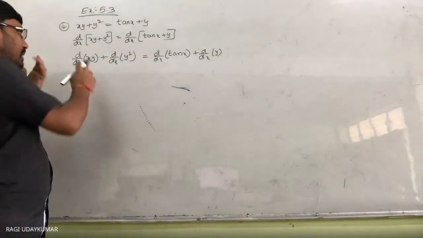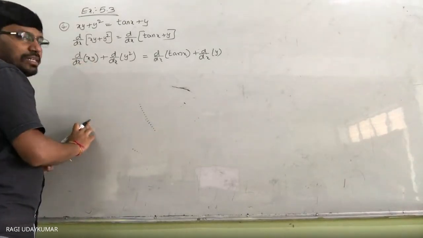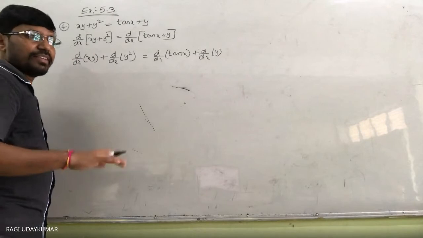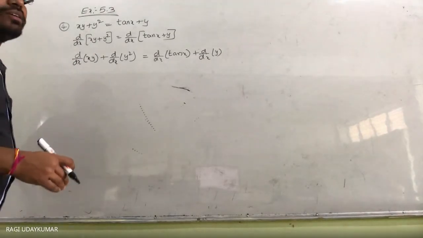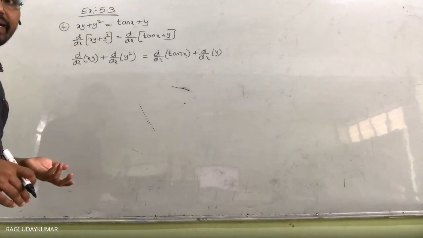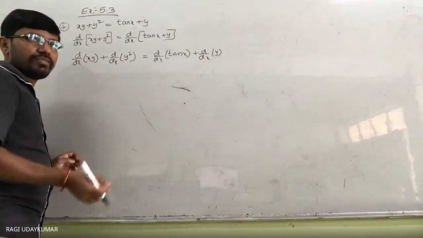What do you get here? Suppose if y is a constant, then d by dx of x into k means k into 1 we are going to get. But here, the UV product formula should be applied: d by dx of f of x into g of x.